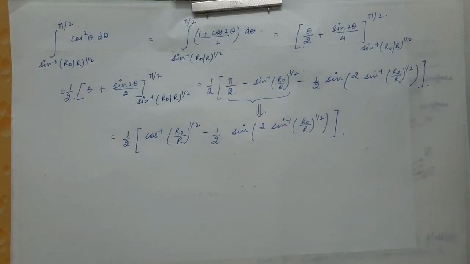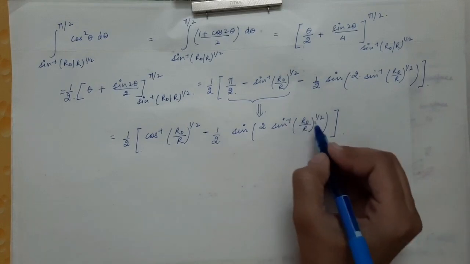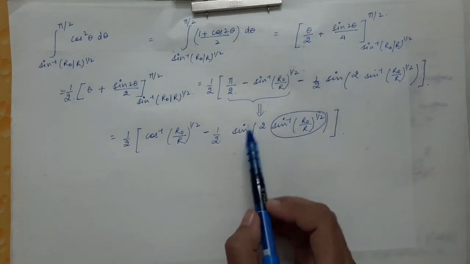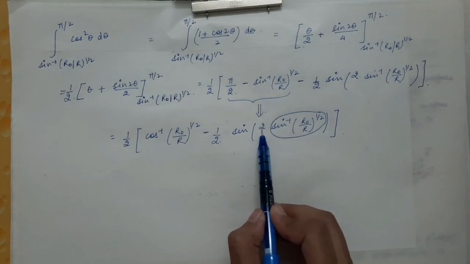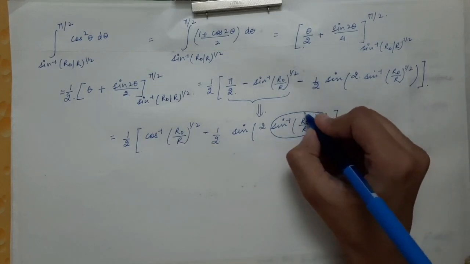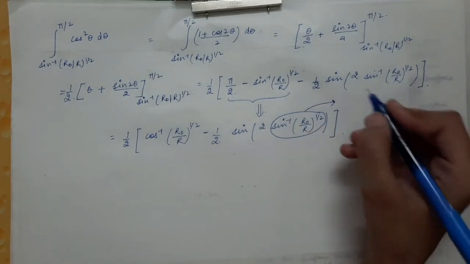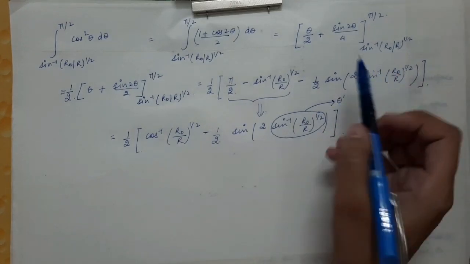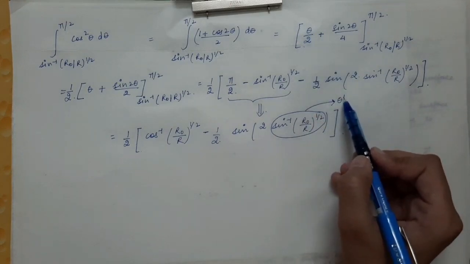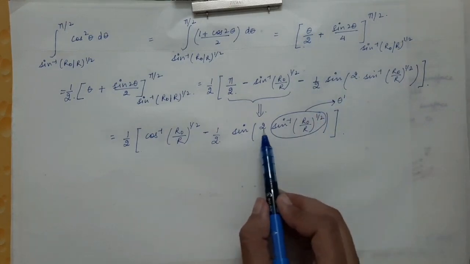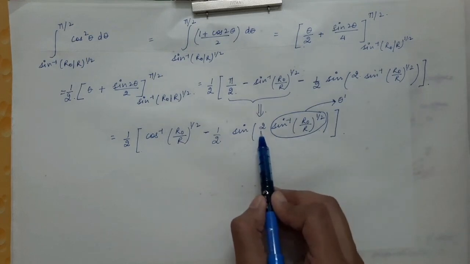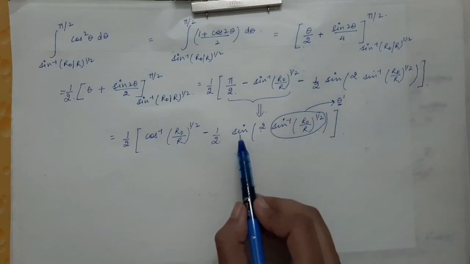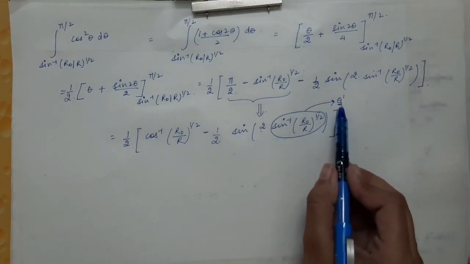So now we have to evaluate this term, sine of 2 into sine inverse. Let's say this is any random angle, theta prime, because theta we are already using. So you will get sine of 2 theta prime.